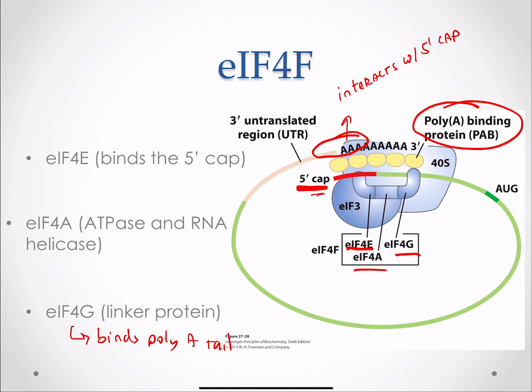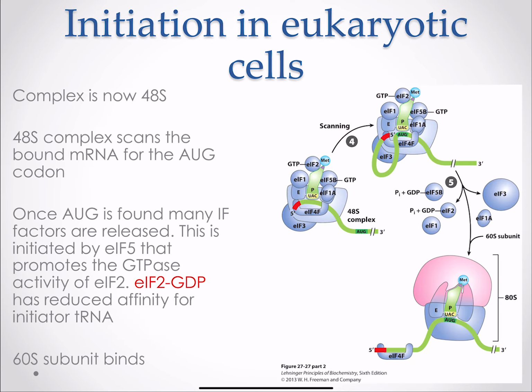So the poly A binding proteins are going to help with the circularization of your messenger RNA. And so now we have our 48S complex. So that's our 43S pre-complex plus our messenger RNA and all those initiation factor 4 proteins associated with it.